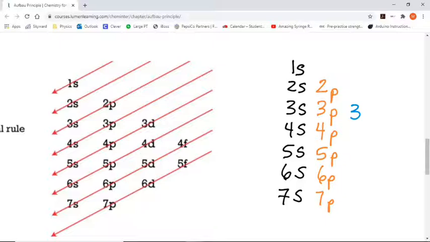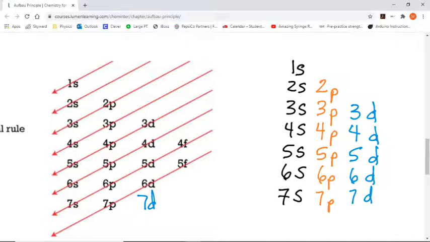So we will get our period 3 through 7 here. That's the D block. Notice they don't have it labeled there, but you can easily put it there. And then for the F block, we've just talked about 4F and 5F. That's why you see 4F and 5F listed. So again, 1, 2, 3, 4. And labeling both of those F.